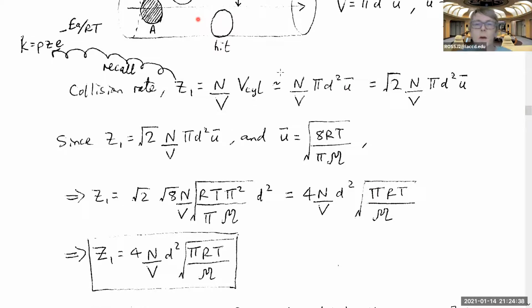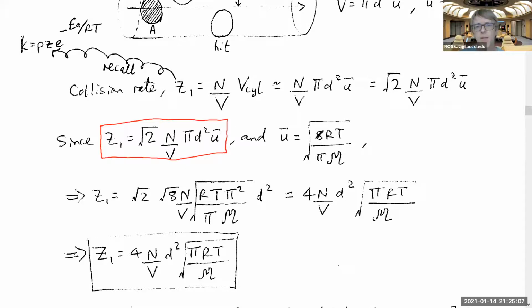So we've got, let me get this here. Okay, so far so good. So we're just having some labels in here. So if we take our equation, which was that this collision rate or collision frequency, which is root 2 n over v times pi d squared average velocity.